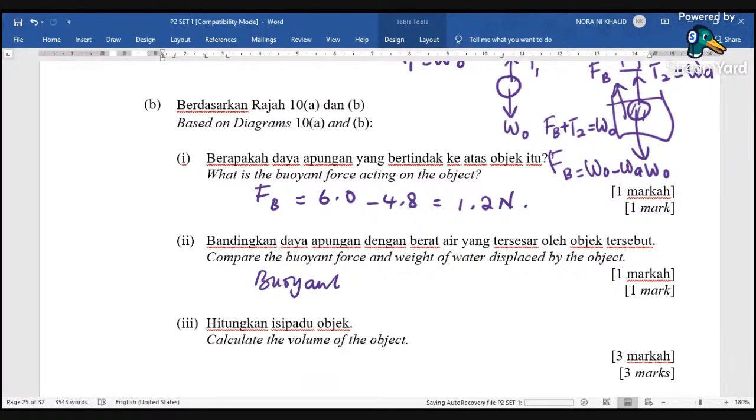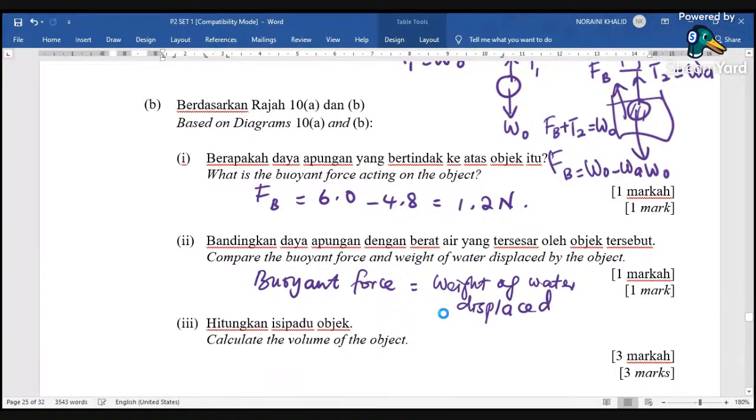Okay, we can try to calculate the volume of the object. Weight of water displaced equals buoyant force.